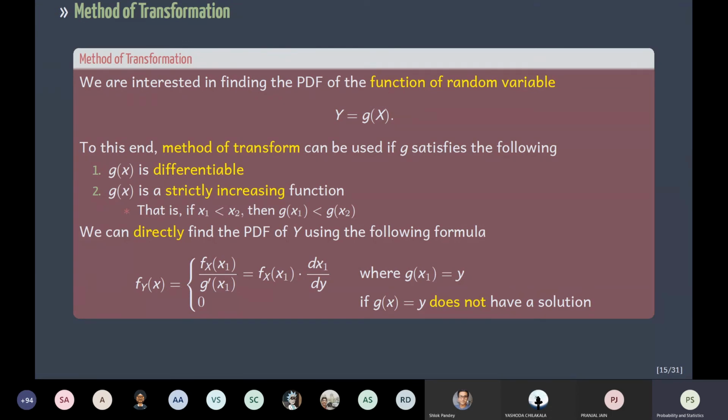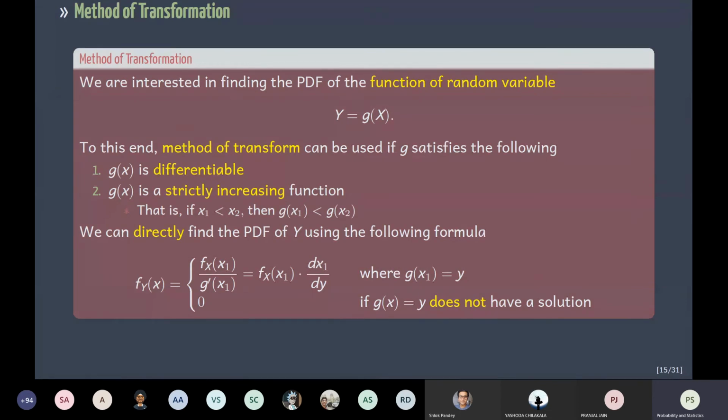Wherever g(x1) is y, we can write it like this, and it is 0 otherwise, if g(x) equals y does not have any solution, then we define it to be 0. This looks a bit cryptic right now.